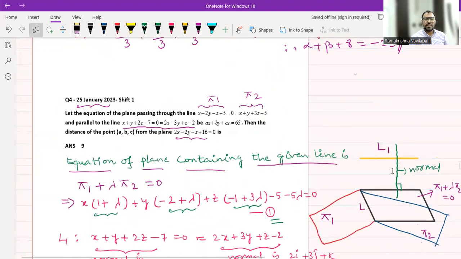See, the required plane is ax plus by plus cz plus 65 equal to 0.